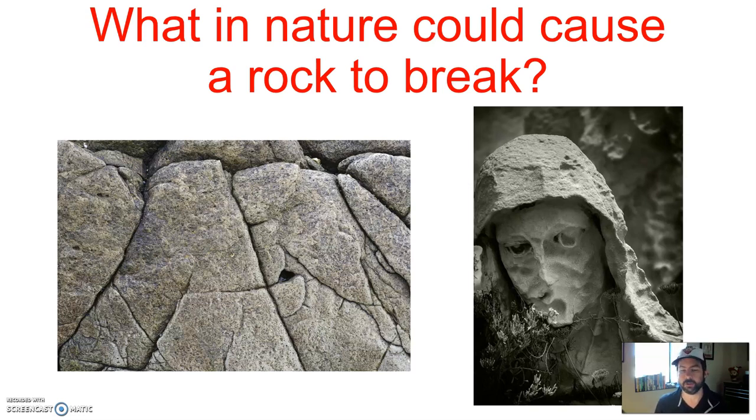So what in nature could cause a rock to break? To crack like this? This looks like a statue that has almost decomposed, or melted. It's not really melted, but something's breaking this down. So what causes rocks to do this?